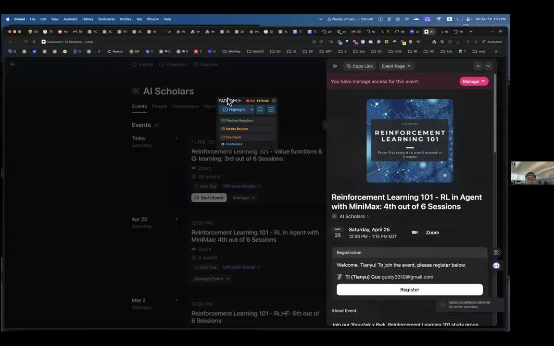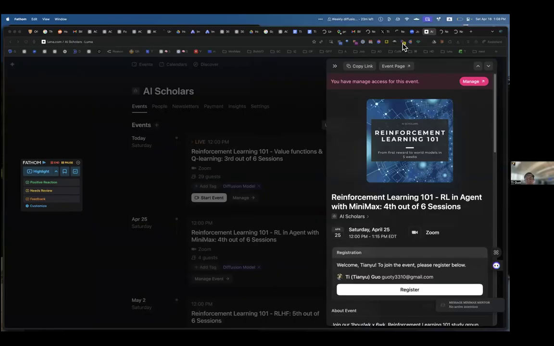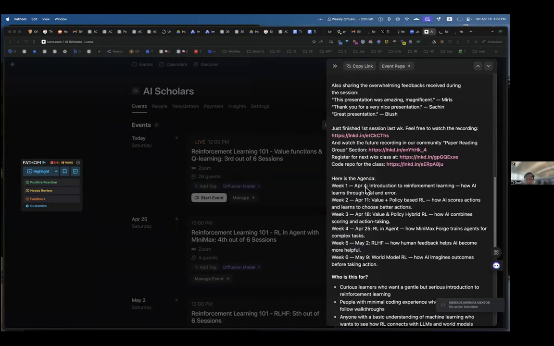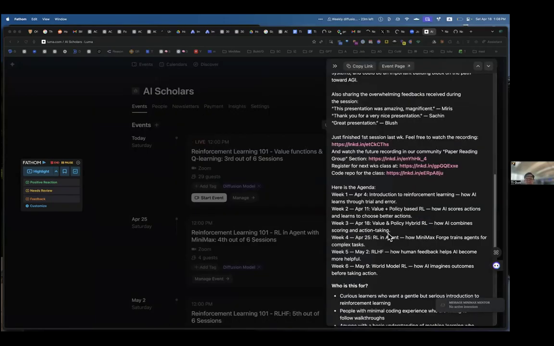First of all, I want to say for next week we will be talking about the RL framework of MiniMax that helps with building and training agents for complex tasks. Particularly how MiniMax is able to achieve the number one most efficient parameter-to-intelligence ratio in the industry.